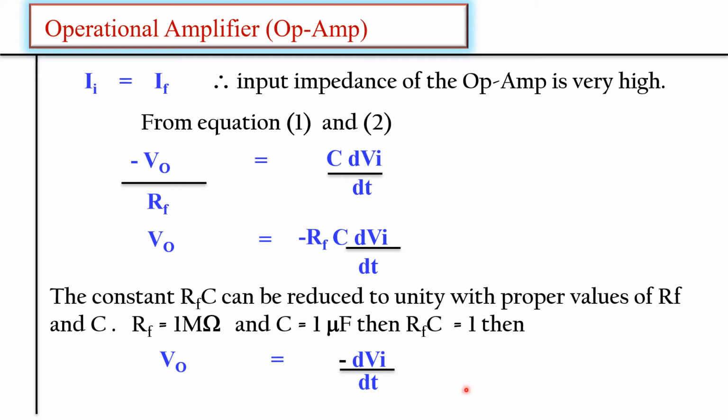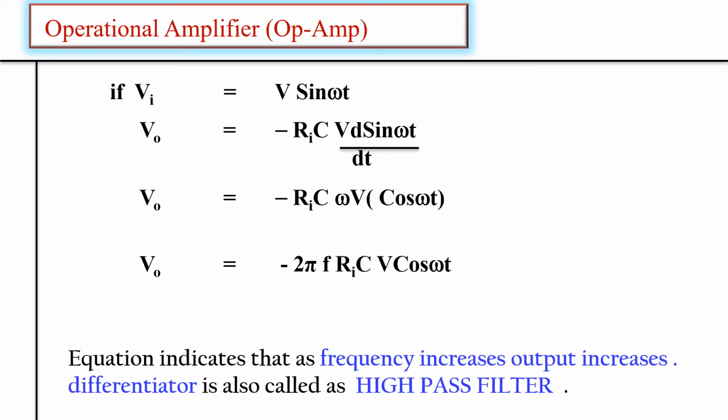So if we apply different types of input signals, we get the differentiation at the output. If a sinusoidal input voltage is applied, Vi is equal to V sin omega t, then the output voltage is equal to minus RF C V d(sin omega t)/dt. The derivative of sin omega t is cos omega t into omega. So Vout is equal to minus RF C omega V cos omega t.